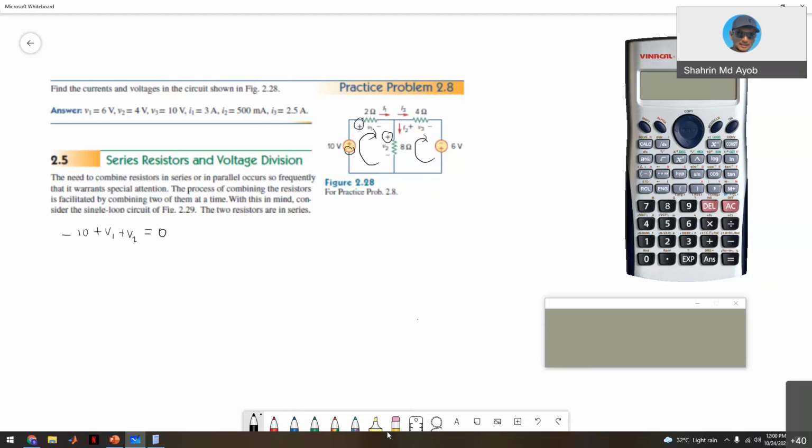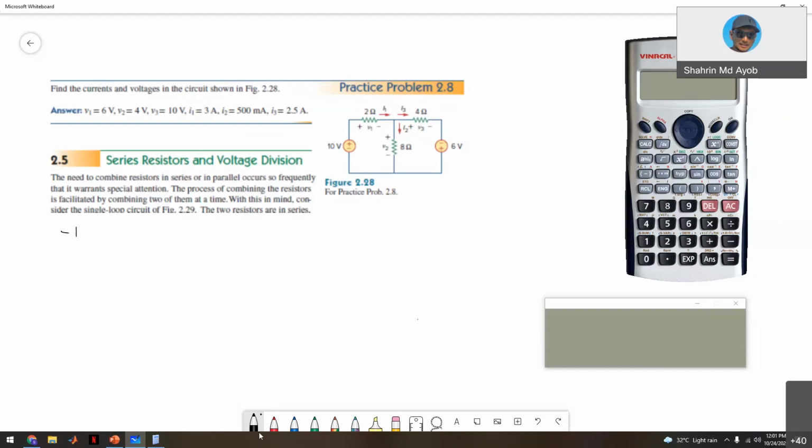If I used the other direction, I would see that this one is negative, but this is already defined, so we just follow the polarity.